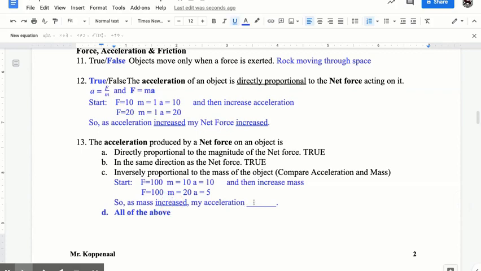Opposite, inverse. But do you see that mass went from 10 to 20, increased, acceleration went from 10 to 5, decreased. So I would say decrease, and now I have convinced you that yes, it is inversely proportional. That is what inversely proportional means. The answer is all the above.